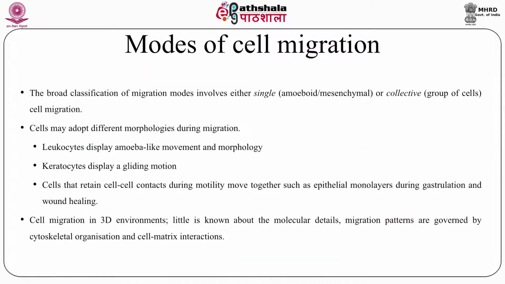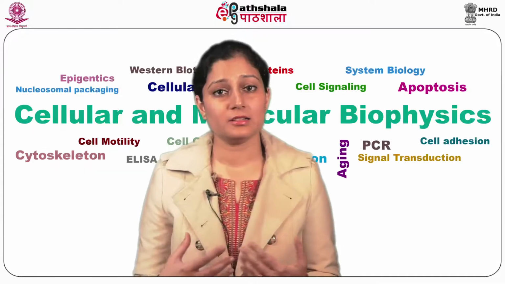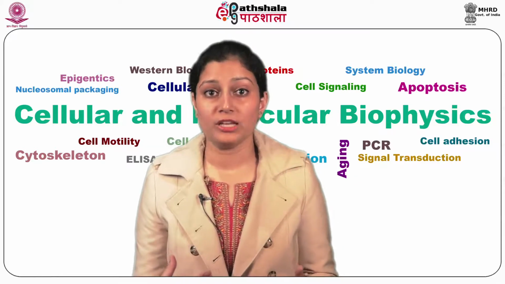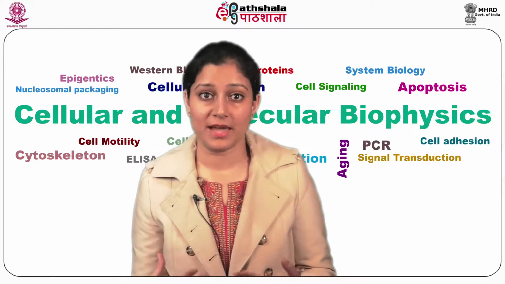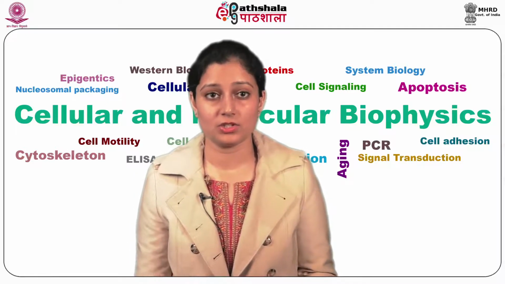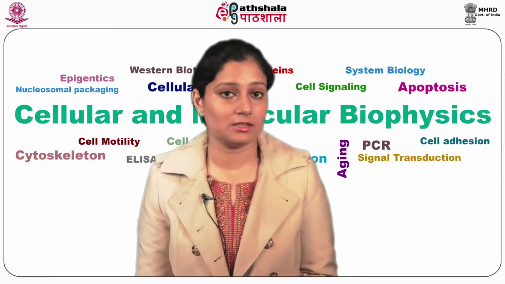Also, it has been seen that cell migration in a 3D environment is a little different. Little is known about the migration. However, the molecular details and migration patterns are governed by cytoskeletal organization and cell matrix interactions.